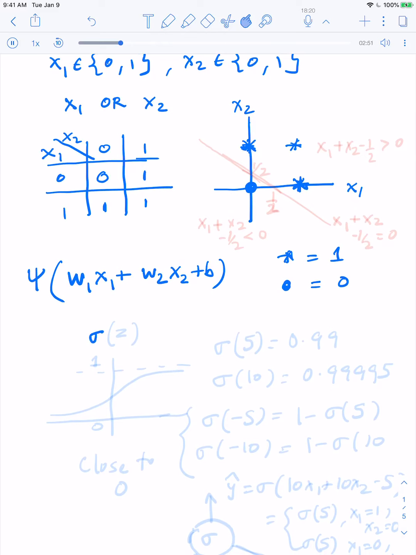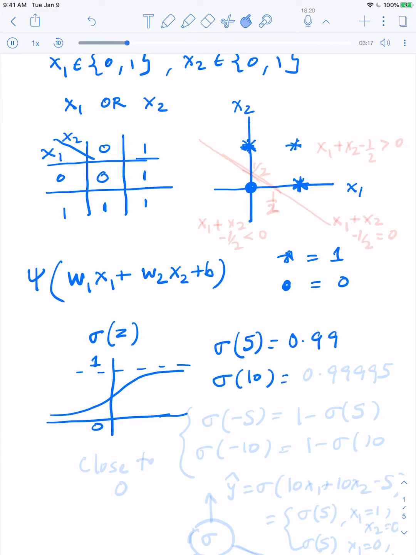The sigmoid is a very useful function because it asymptotes to 0 and 1 like this, and it happens really fast. I'll encourage you to go compute it, but just let me mention that sigma of 5 is like 0.99.